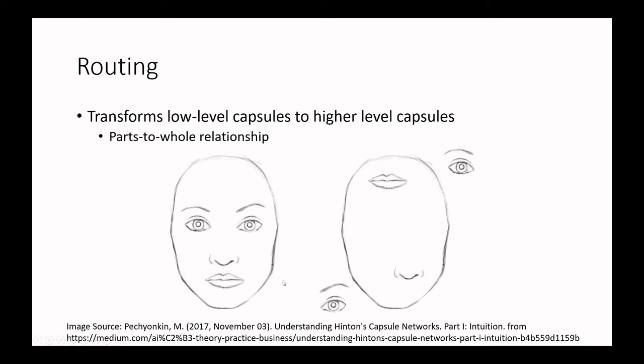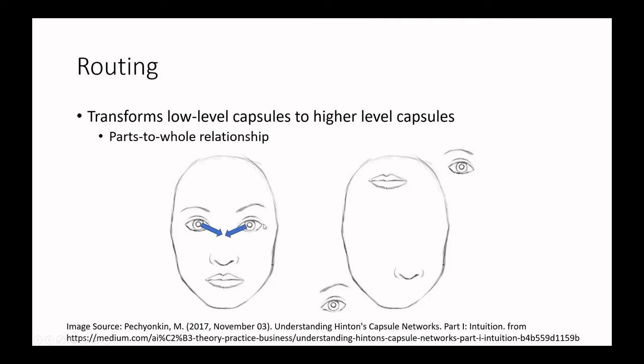As I showed you in this example, the problem we saw on the right side, the capsule will solve that, because it's looking at the part-to-whole relationship. Suppose the left eye will say the center of the face is here, it will point there.